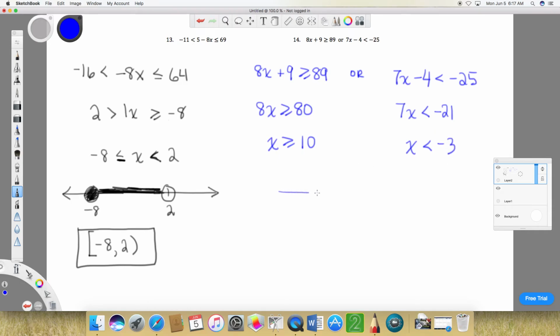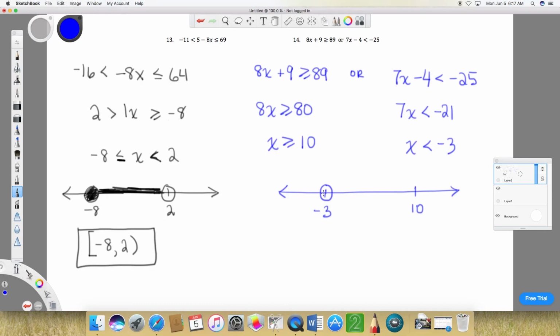All right, so on my number line, my endpoints, my boundary points or critical points, the points of interest, whatever you want to title them, is -3 here, and somewhere to the right of -3 on this number line is 10. So I want values that are strictly less than -3.